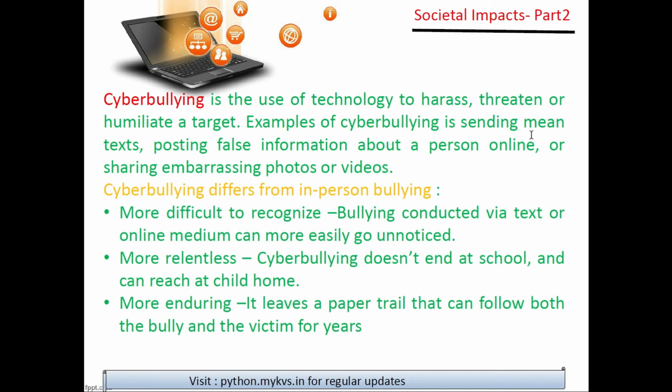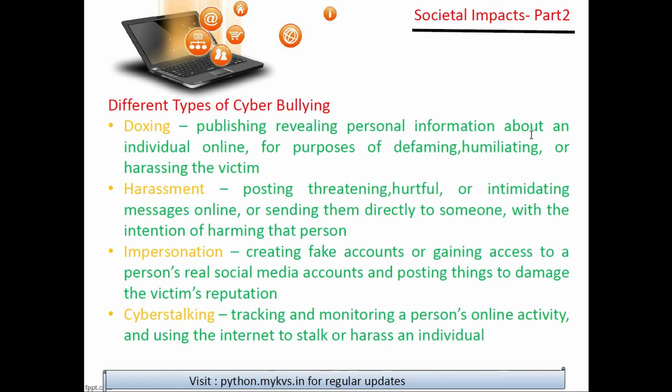It is more relentless, as cyberbullying does not end at school and can reach the child's home also. And it is more enduring: it leaves a paper trail that can follow both the bully and the victim for years. The recorded things will be there in the system, so in future also that person may be bullied. So this is about cyberbullying.